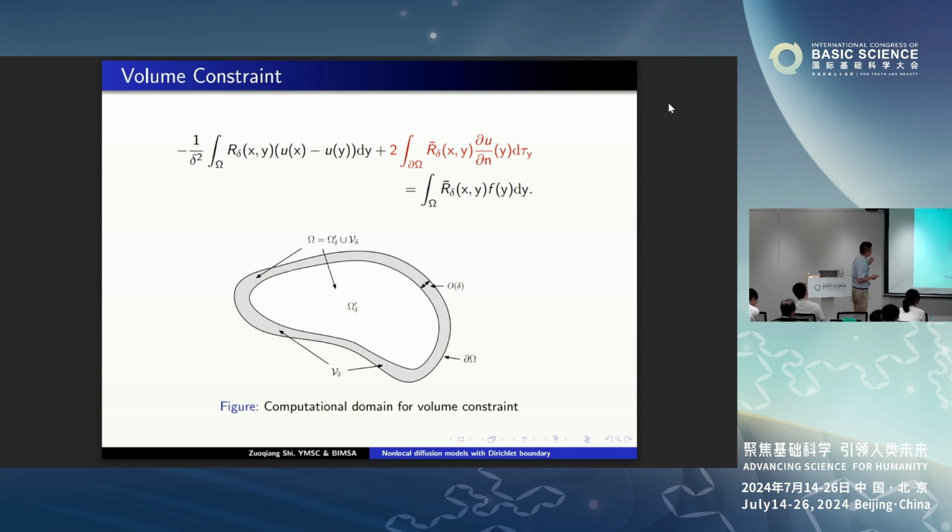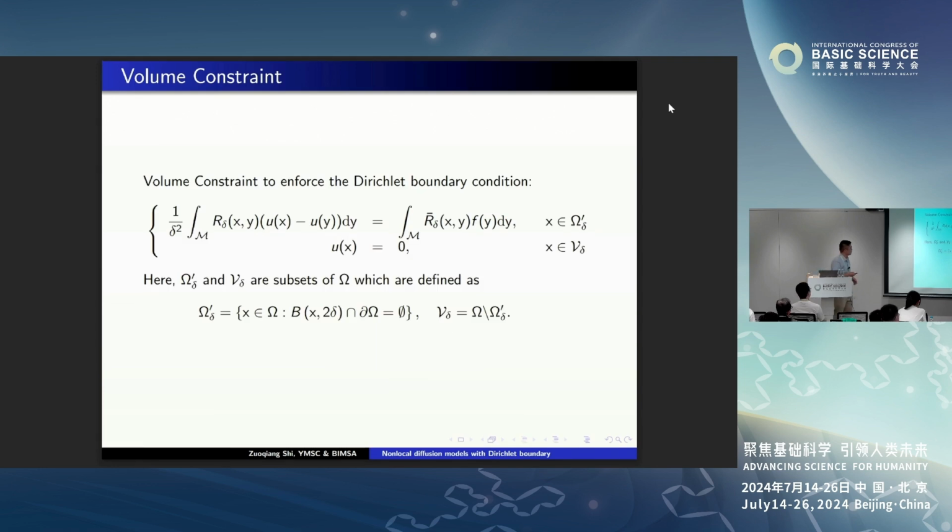If we put x in the interior area, then this term vanishes, is 0. So if we extend the boundary condition to a small layer adjacent to the boundary, we can only put here the x in the interior area, because the value of u is in this small layer. But in the interior area, this term just vanishes. So based on this observation, we can get this nonlocal model with volume constraint.